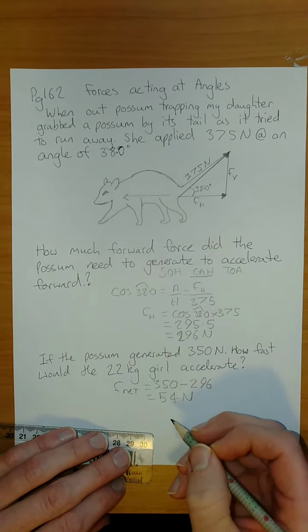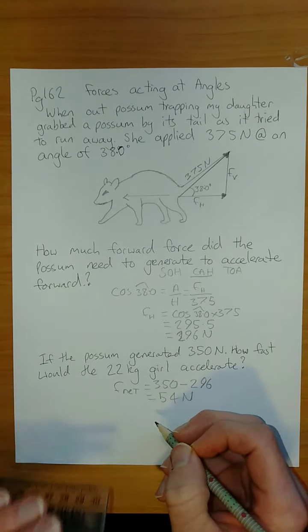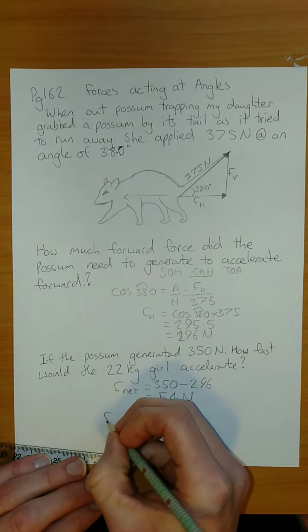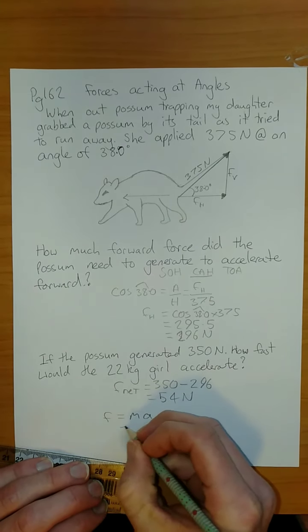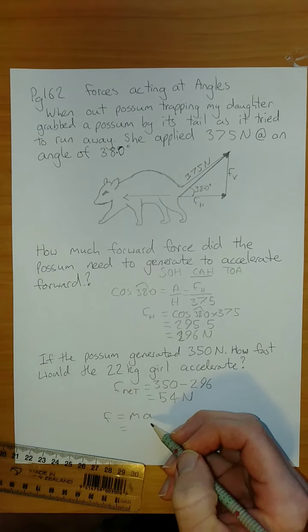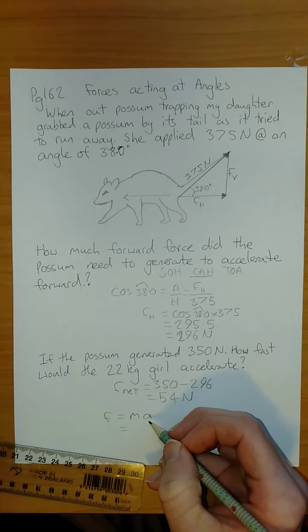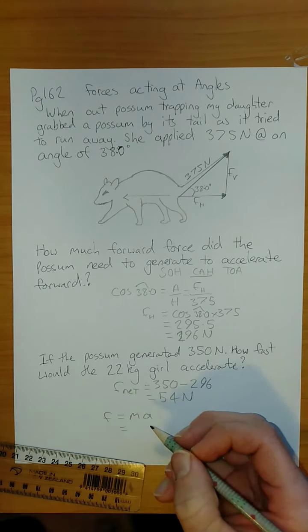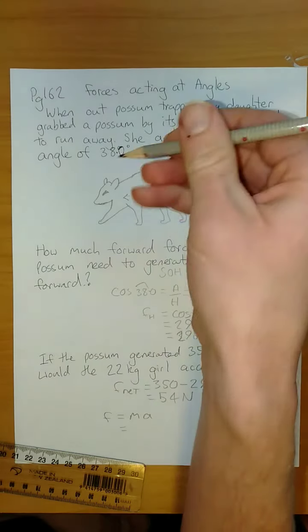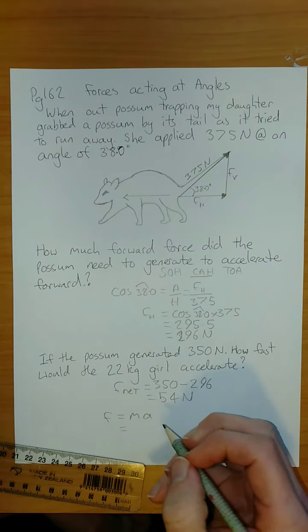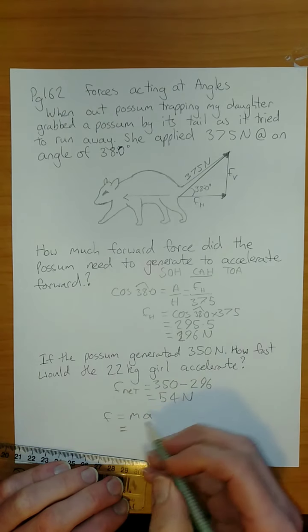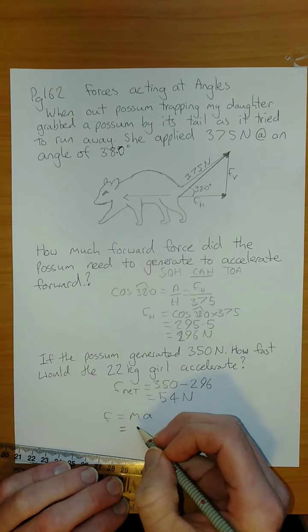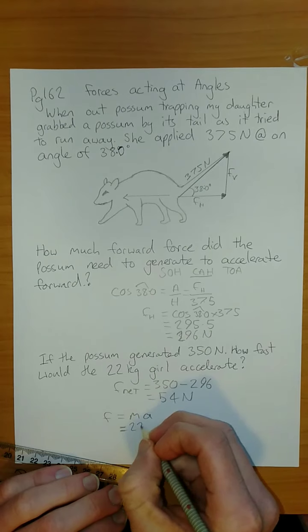Now to find the amount of acceleration, we have to go to an old favorite, which is F equals mass times acceleration. This time the acceleration is not due to weight force or gravity. Its acceleration is due to the possum. We're ignoring vertical parts of this setup, so it's purely just horizontal. So therefore we put in the mass of the girl, which is 22.